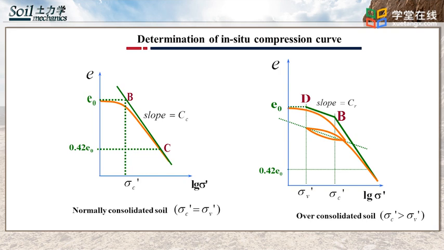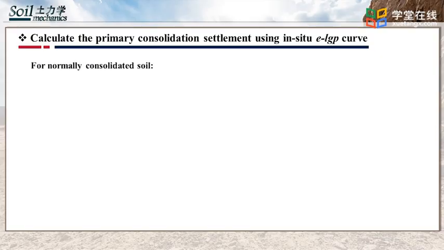So the slope of dB is the recompression index Cr. When the applied pressure is greater than the pre-consolidation pressure, the in situ compression path is BC, which has the slope Cc. We can obtain the in situ compression curves for normally consolidated soil and over-consolidated soil.